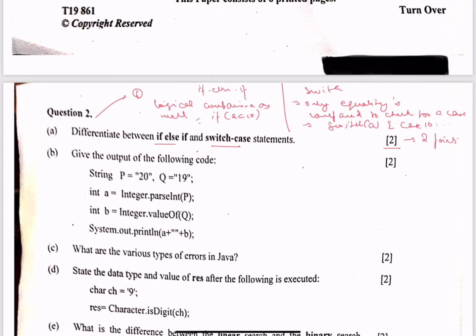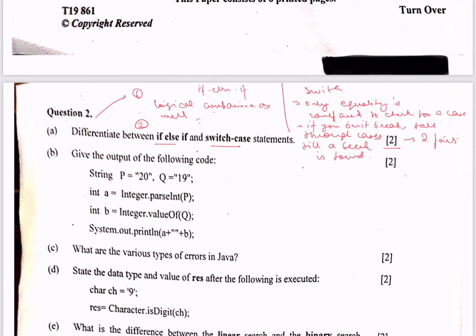So don't write these as an example; you need to write it properly. Another thing you can say is that if you omit break, you can fall through cases till a break is found. So there is nothing like a fall through in if.